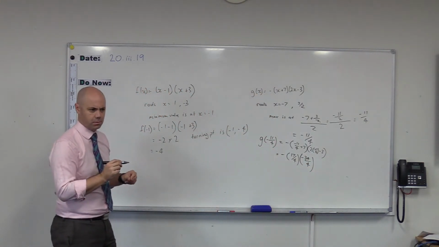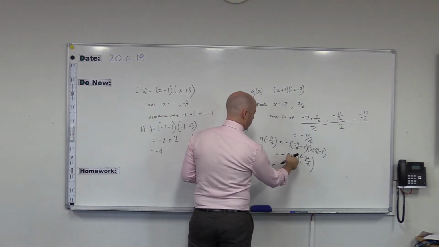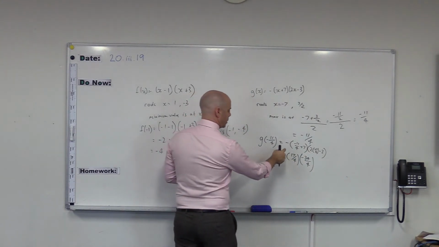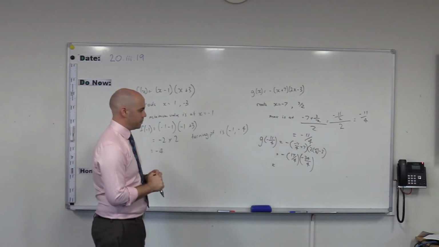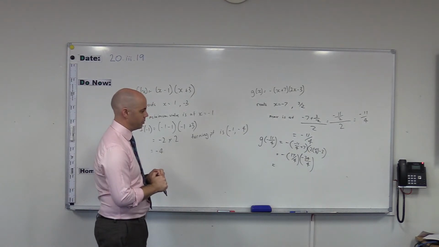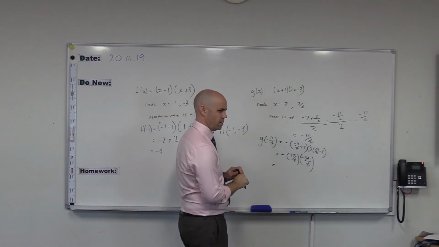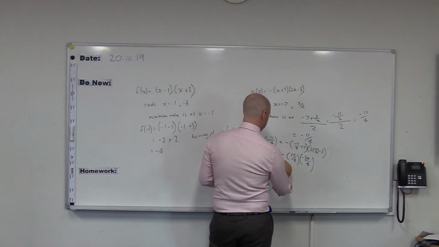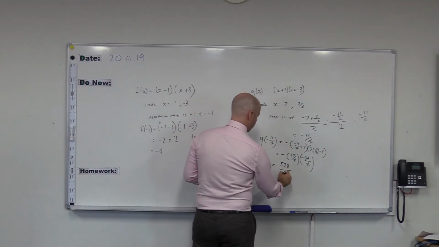Got that right? I hope so. Negative times negative is going to come up with a positive answer. 17 times 34. Oh, that's nasty. 289 times 2. 578. 4 times 4 is 16.